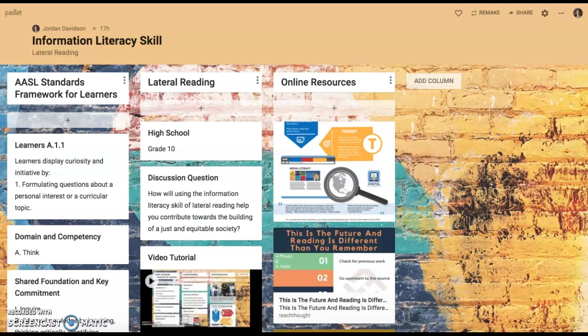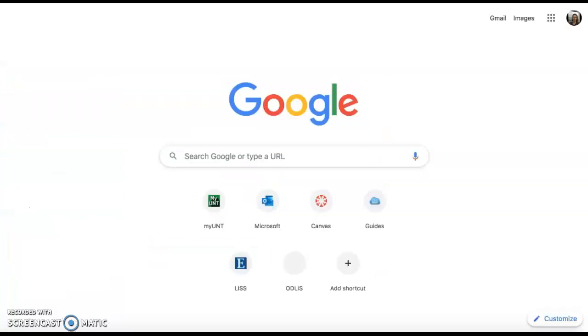Go upstream to the original source. So if you can actually find who the first person or first article is that originated with this topic. Read laterally, which is where you open new tabs in your browser and read laterally with what other people say about the source, about the publication, about the author.